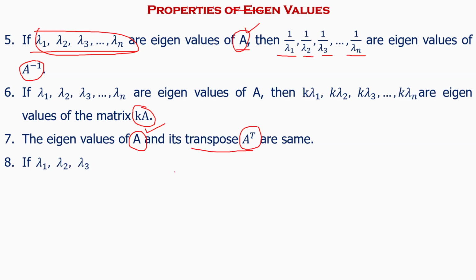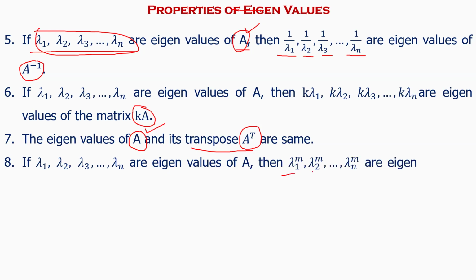Eighth property: if lambda 1, lambda 2, lambda 3 up to lambda n are eigenvalues of A, then lambda 1 to the power m, lambda 2 to the power m up to lambda n to the power m are eigenvalues of A to the power m. Here m is any positive integer.